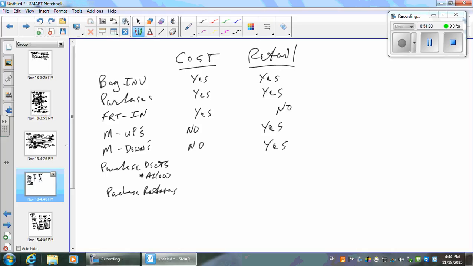Well, think about what happens with a return. You return the inventory to them. Does that change what your total cost of inventory was? Yes. Would you then adjust your sales price if you don't have those goods available for sale? Yes. So yes in both cases.